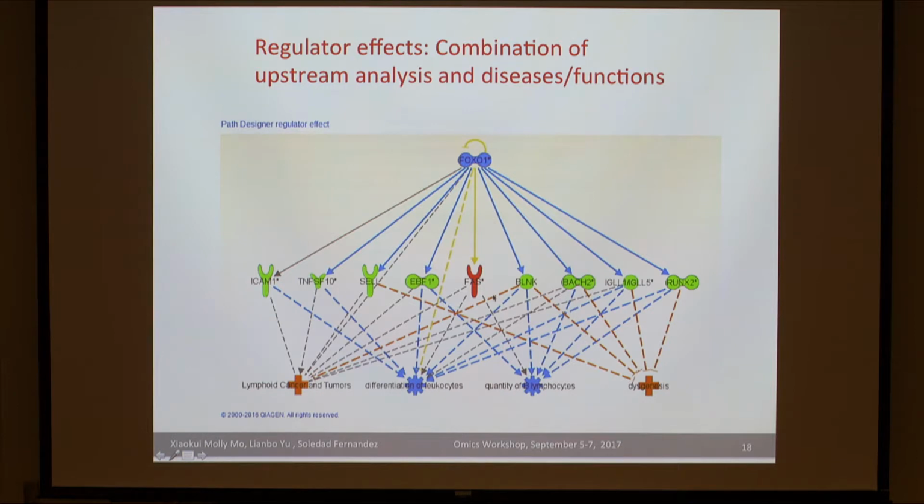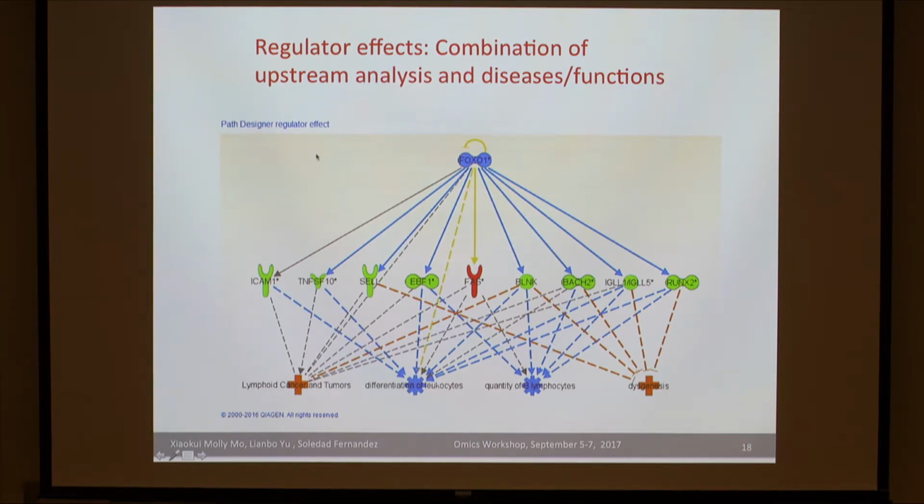There's another feature in the IPA, regulator effects. The regulator effects are actually the combination of the upstream transcription regulation analysis and the disease and function analysis. The shape kind of changed because when you try to understand the regulator effect, it uses a different tool to visualize the figure.